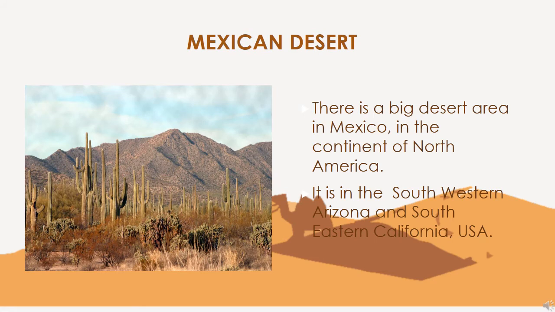The Mexican desert. A larger part of Mexico is almost a desert area. The Sonoran Desert is the North American desert which covers a large part of southwestern United States in Arizona and California, and of northwestern Mexico in Sonora.